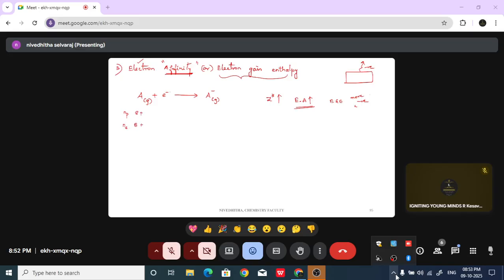Now we are adding one electron to it. So what will be the proton and electron count? We are adding only one electron, so the proton count will be the same. How about the electron count? It will be 9. So the charge on the atom will be -1.